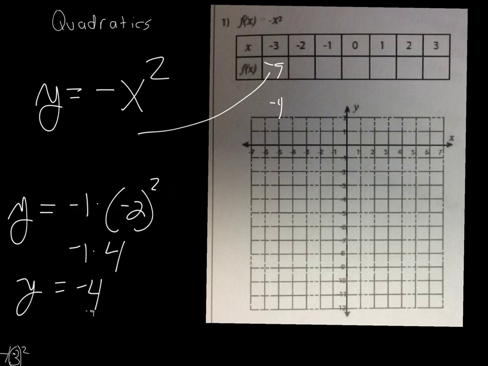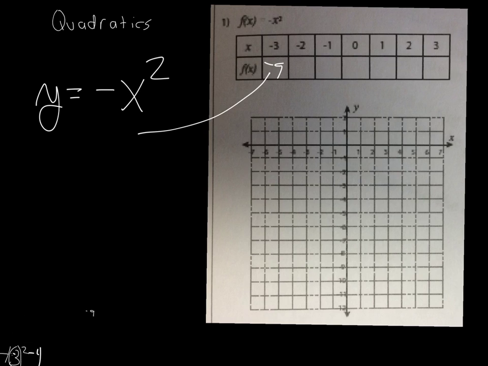So in here I put negative 4. I'm going to keep going. Negative 1 squared is negative 1 times negative 1. Negative 1 times negative 1 is positive 1. Positive 1 times this negative again is negative 1. Put in 0. These are oftentimes the easiest ones. 0 times 0 is 0. Negative 0 is just plain old 0.